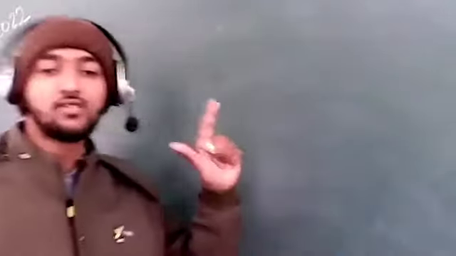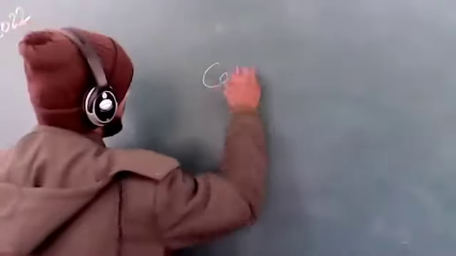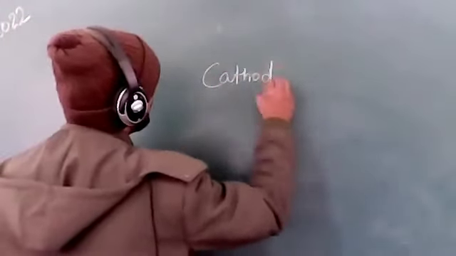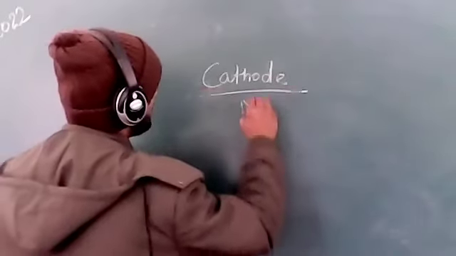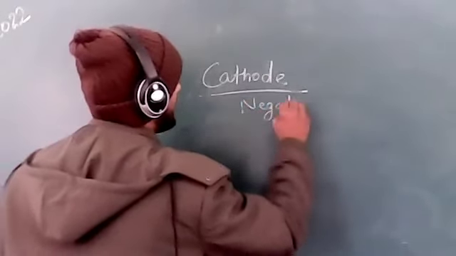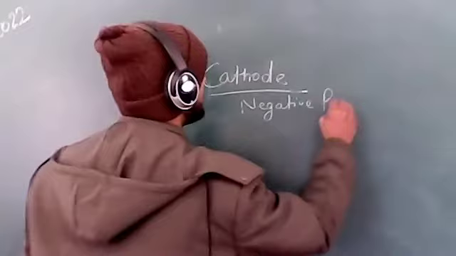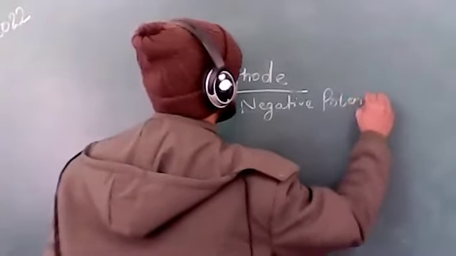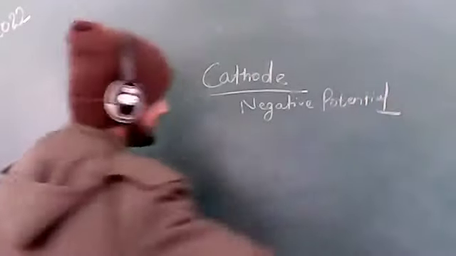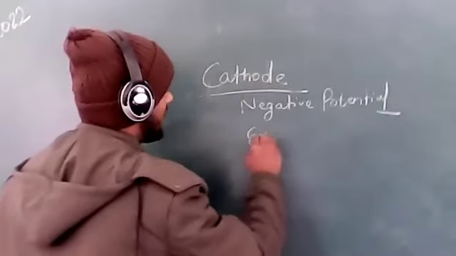So in summarized form, for the electric cell, there are two things, cathode and anode. Don't confuse cathode with cation and anion. Cation is positive and here cathode is negative. For cathode, two things we have to remember: it is negative potential, and excess of electrons.